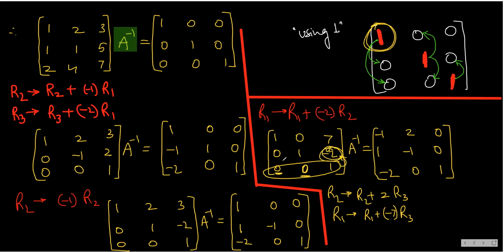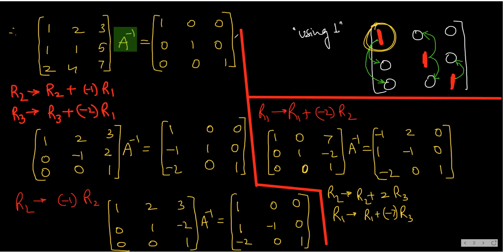Only this will change. These two will not change. R2 plus, even though you are adding in R2, the other elements of R2 will remain as it is. Why? Because correspondingly you have 0.